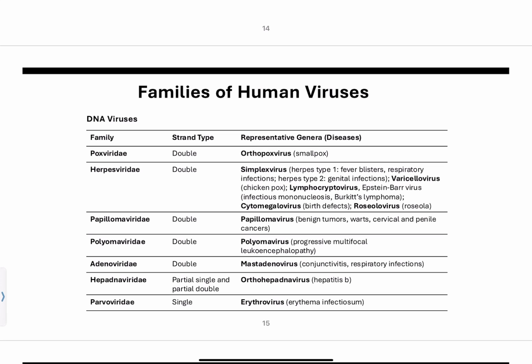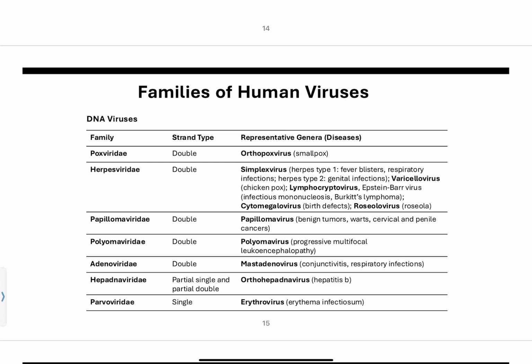Variola has a linear double-stranded DNA genome, and it is unique among DNA viruses because it replicates entirely in the cytoplasm. Remember, I just mentioned that usually they replicate in the nucleus. Historically, smallpox was one of the deadliest infectious diseases, but also the first to be eradicated through mass vaccination campaigns. This occurred around the 1980s.